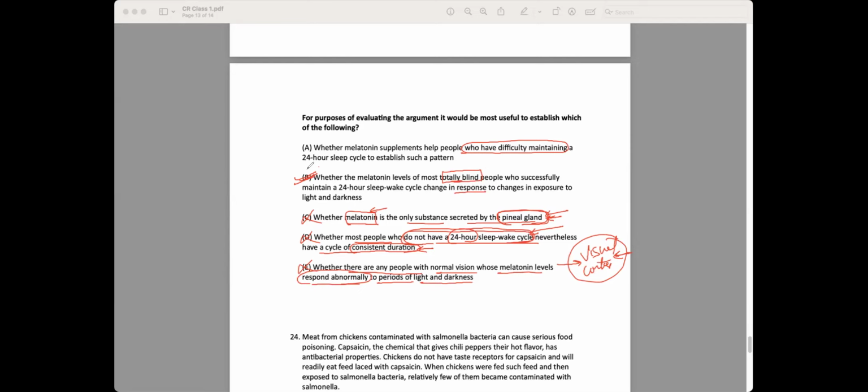Utkarsh, can you see why option E is wrong? You're talking about people who have vision, which means the visual cortex is not a problem for them. So whether the signal passes through it or not doesn't really matter. We can check that only with blind people, not other kinds of people. Understood? The melatonin levels are responding abnormally, but the visual cortex is fine, so it is not a factor.